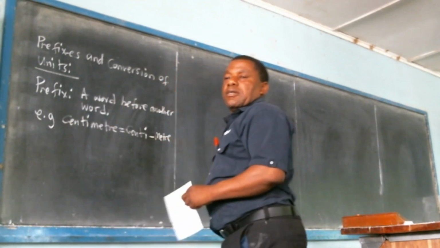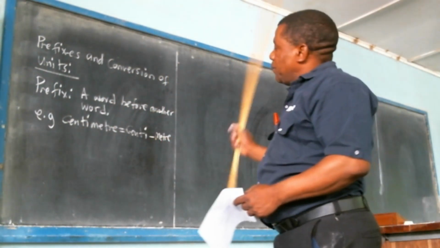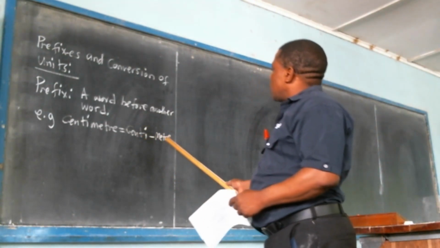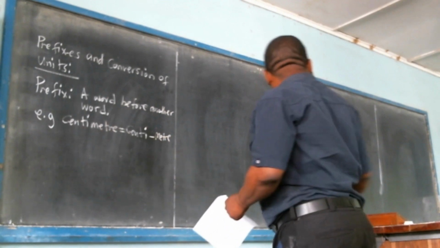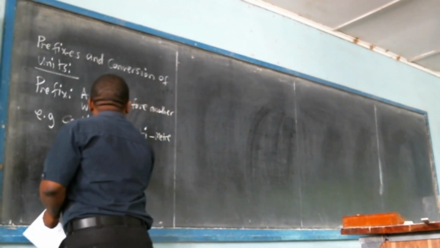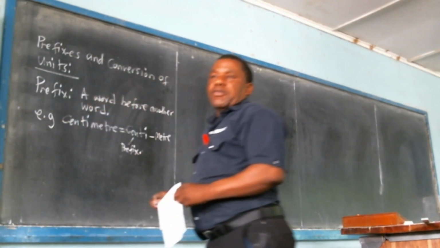Therefore, in the word centimeter, cent is a prefix because it is coming before the meter. Cent is the prefix.